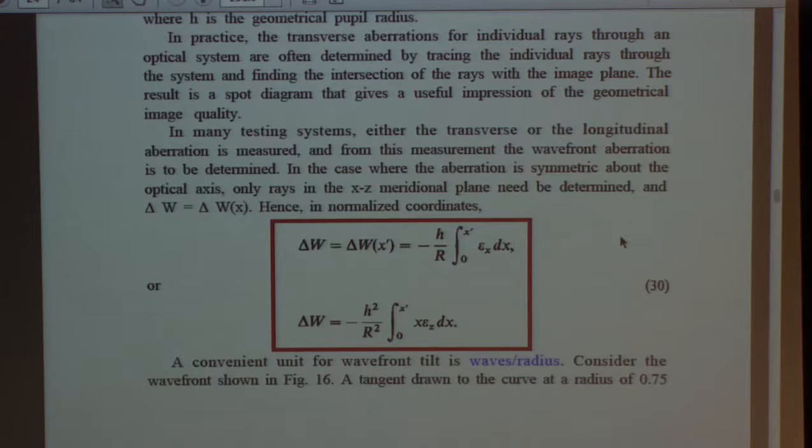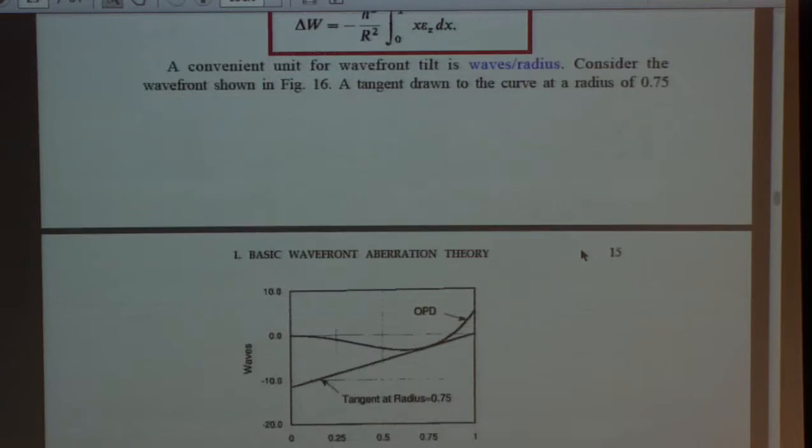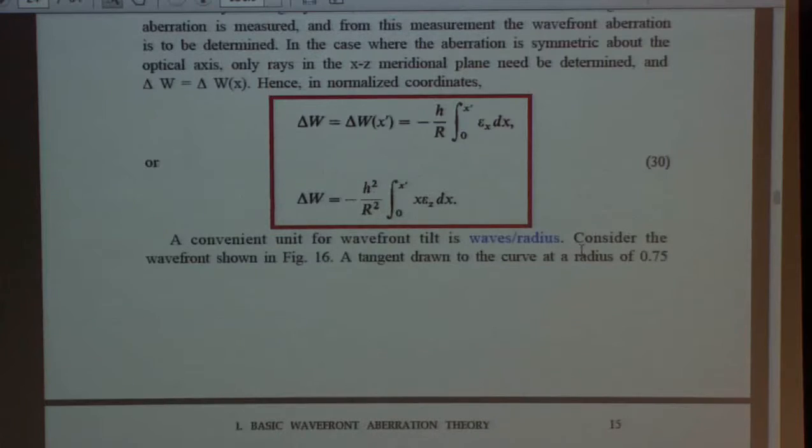Well, if I talk about wavefront tilt or an angular aberration, what units do I use? Well, it's an angle, and it's probably a pretty small angle. Better be a small angle. You're not going to like your optical system.